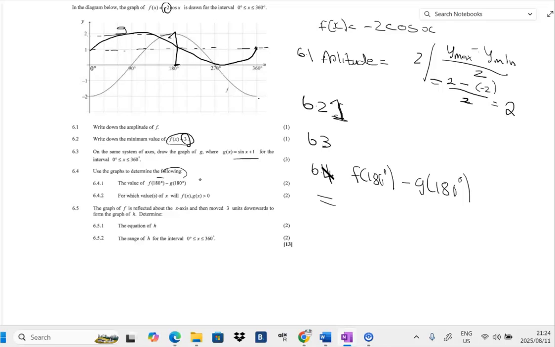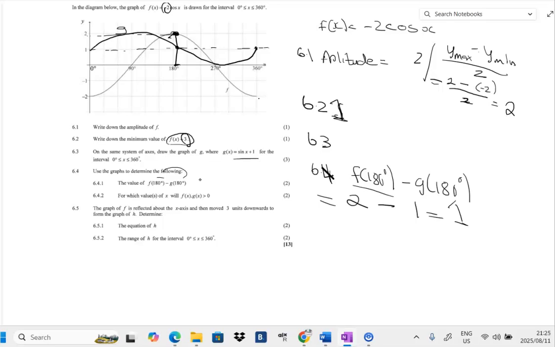Let's look for this point. f of x at 180, which is this point, is 2, minus g of x at 180, which is this point, is 1. So the answer here is 2 minus 1, which is 1.